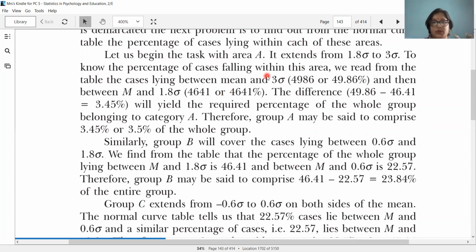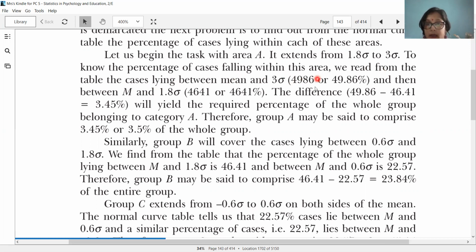As you noticed, it extends from 1.8 sigma to 3 sigma. To know the percentage of cases falling within this area, we read from the table the cases lying between the mean and 3 sigma.